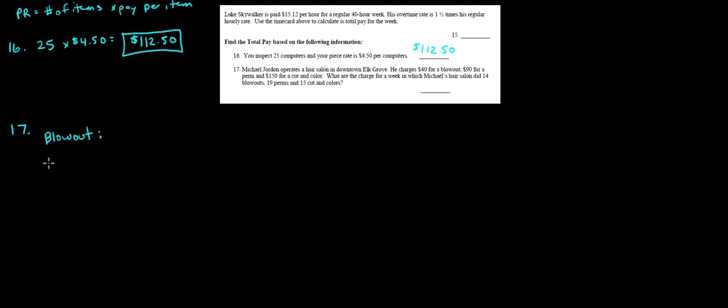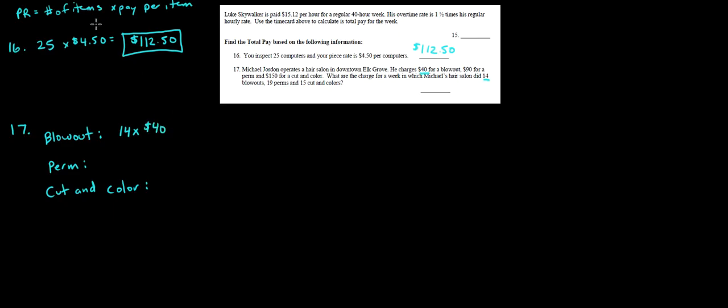And then we've got the perm, and then we've got the cut and color. So for the blowout, it looks like we get here $40 for each one, and it looks like they did 14 of those. It's going to be 14 times $40.